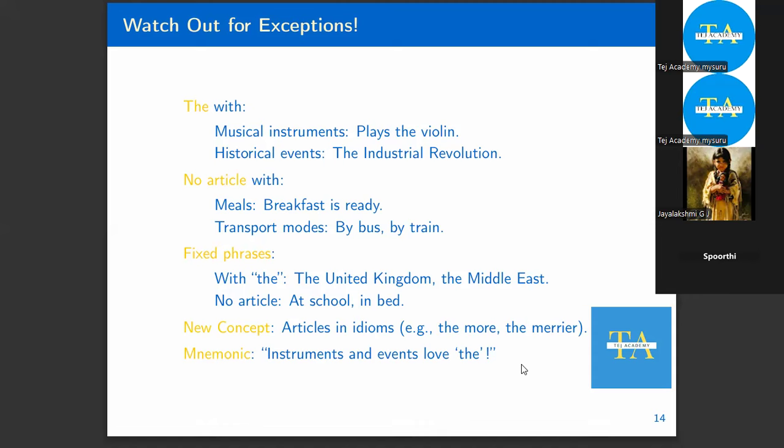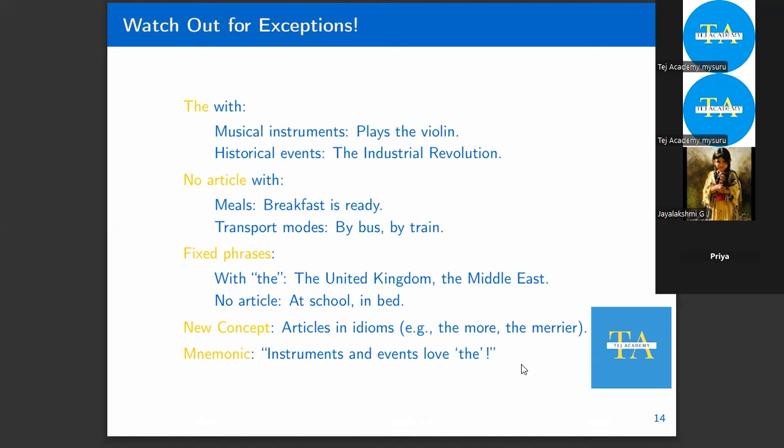And historical events. Okay, this is interesting. While speaking about historical events, we again have to use the in front of it. Like the Industrial Revolution. The Industrial Revolution took place in the early 18th century maybe.